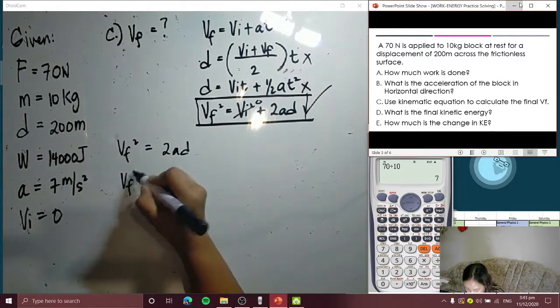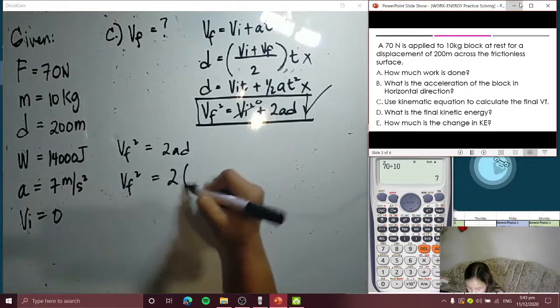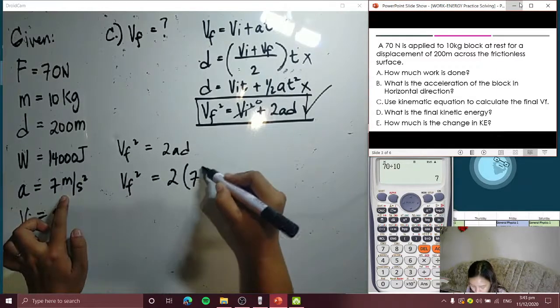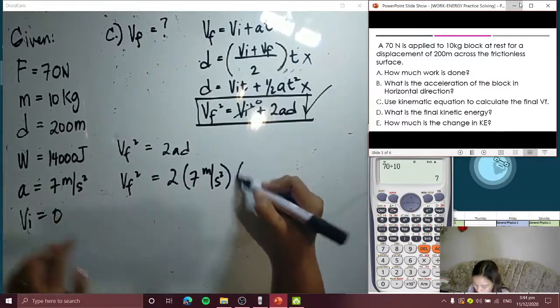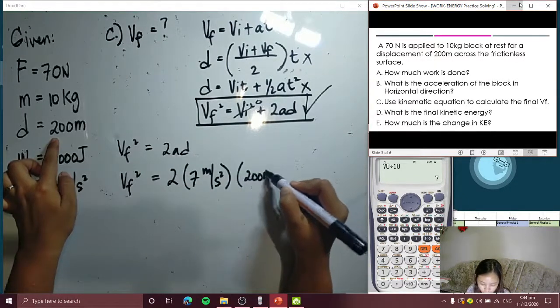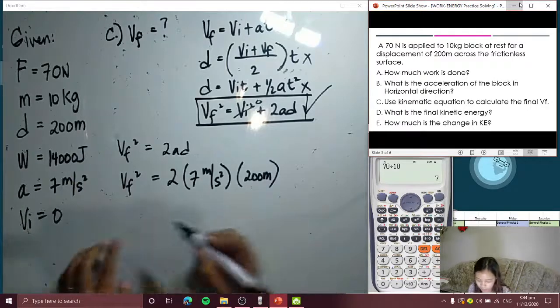Vf squared is equal to 2 times the acceleration, that's 7 meters per second squared, times the d, that is 200 meters. Just simply multiply.